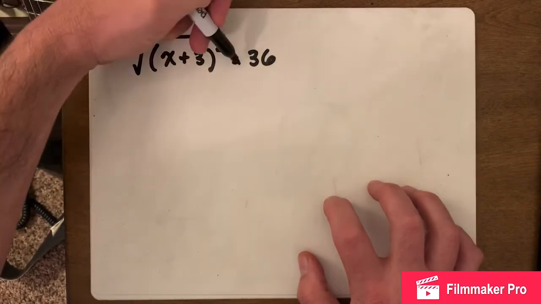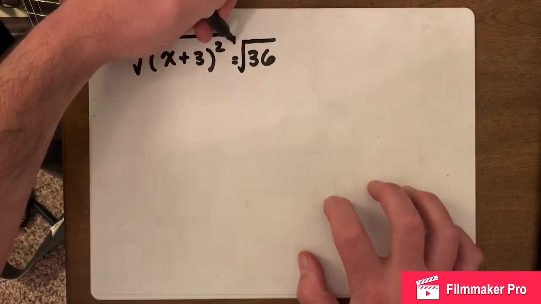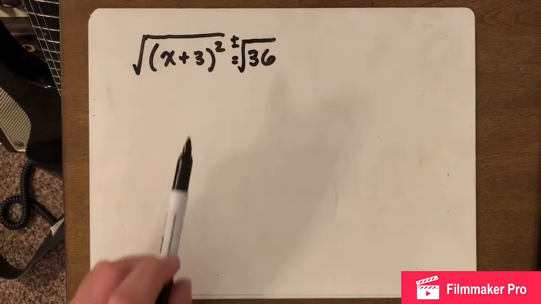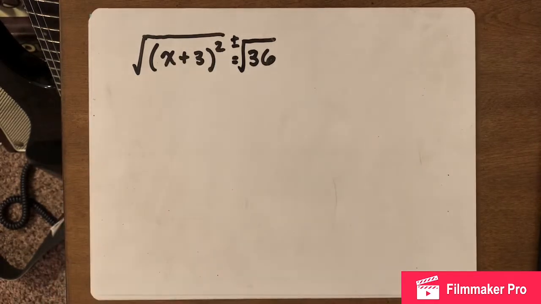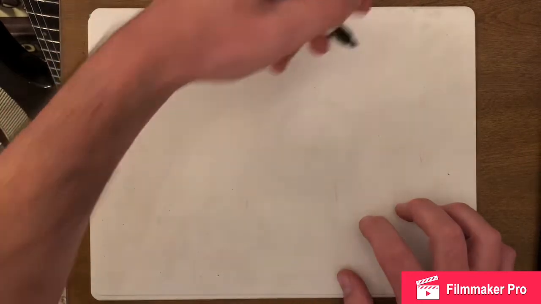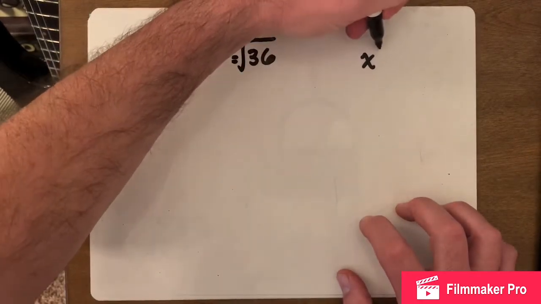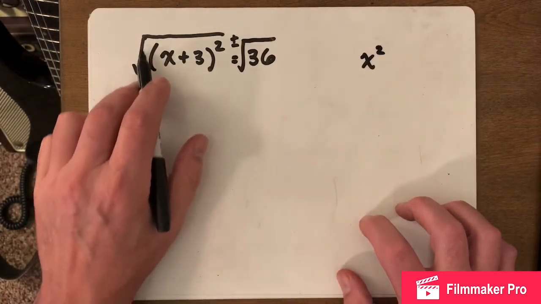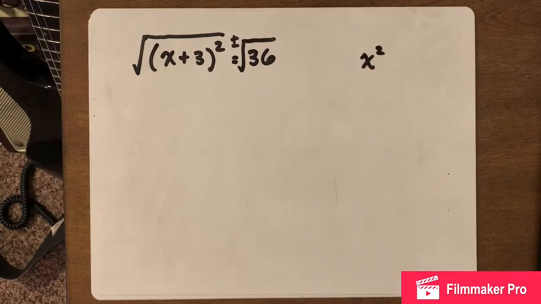So take the square root, plus minus, don't forget it. Now, if I just tell you that they cancel out, you might believe me, but you might not really know why. If I have x squared, the square root operation is really the 1/2 power.